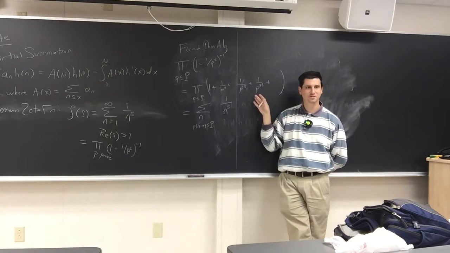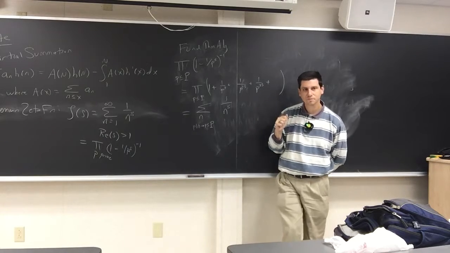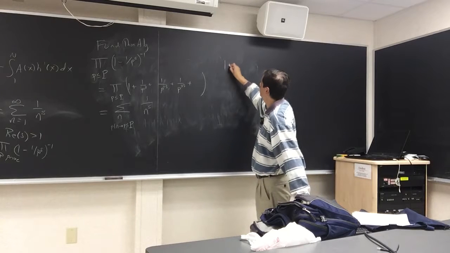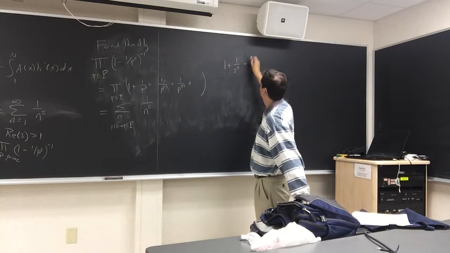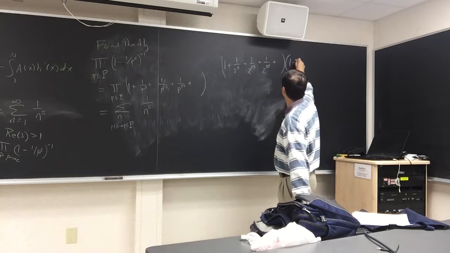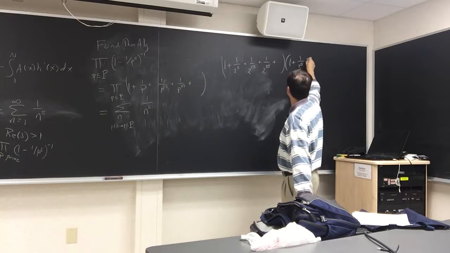Is this clear? When you multiplied that out, think of it as 1 plus 1 over 2 to the s plus 1 over 2 to the 2s plus 1 over 2 to the 3s. And then I have the same thing with 3's, 1 plus 1 over 3 to the s.